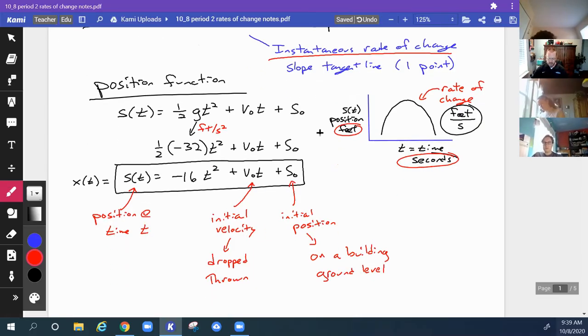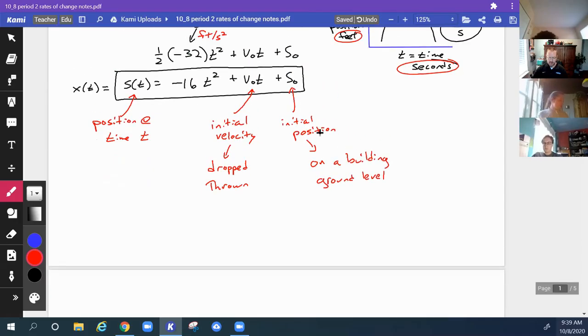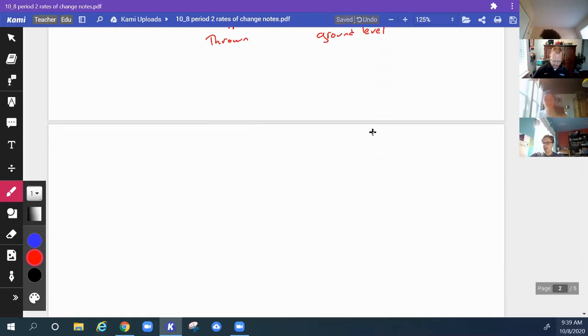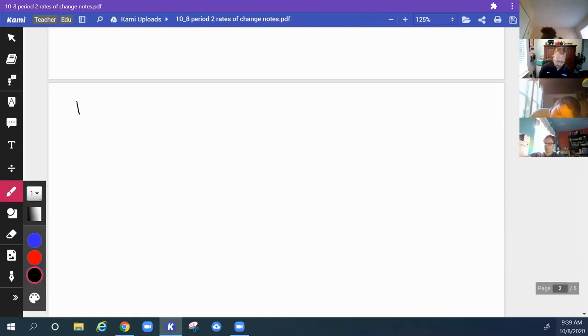If you want to make your life a little bit easier, it is page 137, number 99. If you have your book in front of you and want to reference the question, it's page 137, number 99. That is going to be the problem we're going to do.